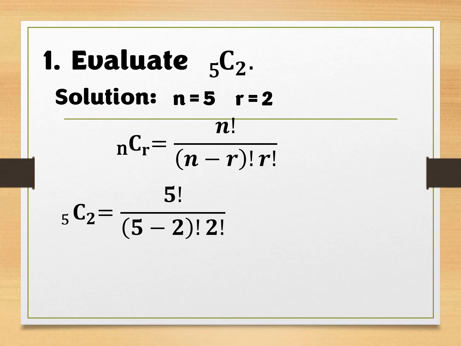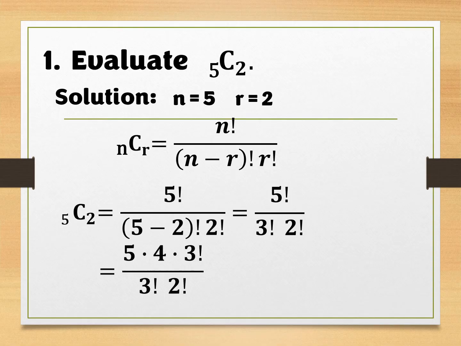And then next, we're going to simplify the denominator. So 5 minus 2 is 3. So we have now 5 factorial all over 3 factorial times 2 factorial. And then we're going to simplify. So we have 5 factorial is equal to 5 times 4 times 3 factorial, and the denominator is 3 factorial times 2 factorial.